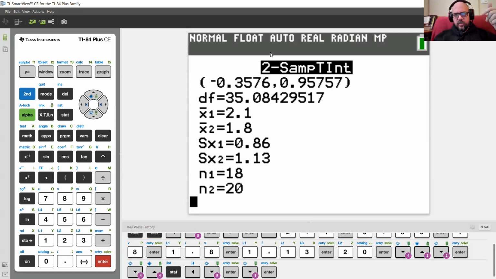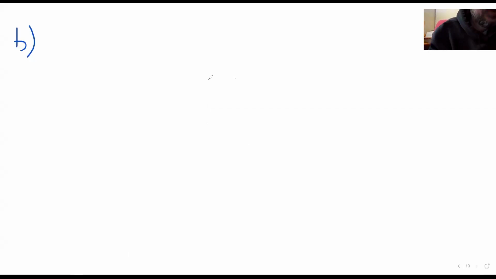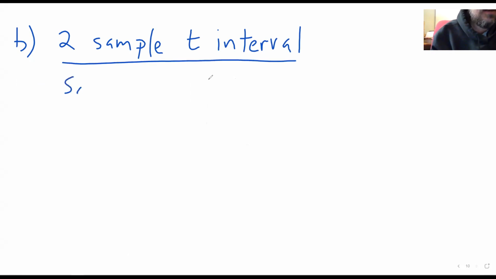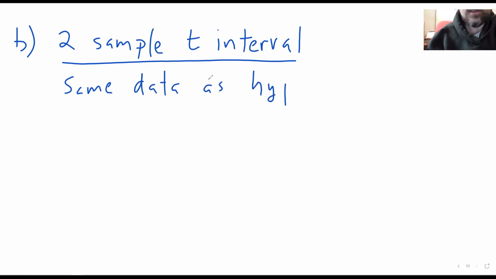Let me write it down actually. Let's call it 0.358, 0.958. Shoot, 2-sample T interval. I'll forget the numbers by the time I'm done writing this. 2-sample T interval, same data as the hypothesis test.